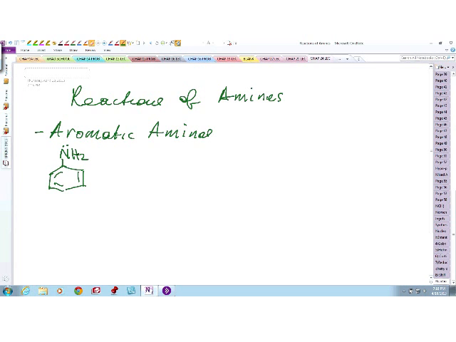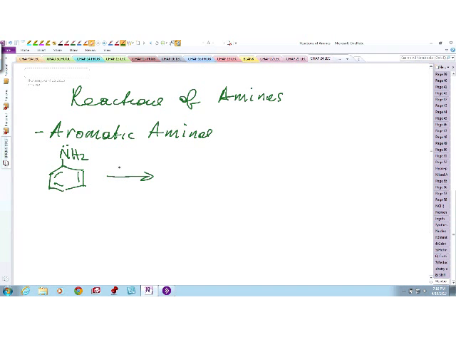It is an ortho-para director. Very good. The amino group is an ortho-para director. We also know that because this amino group contains this non-bonding pair of electrons, it is able to pump electrons into the ring system. So it is an activating group, right?